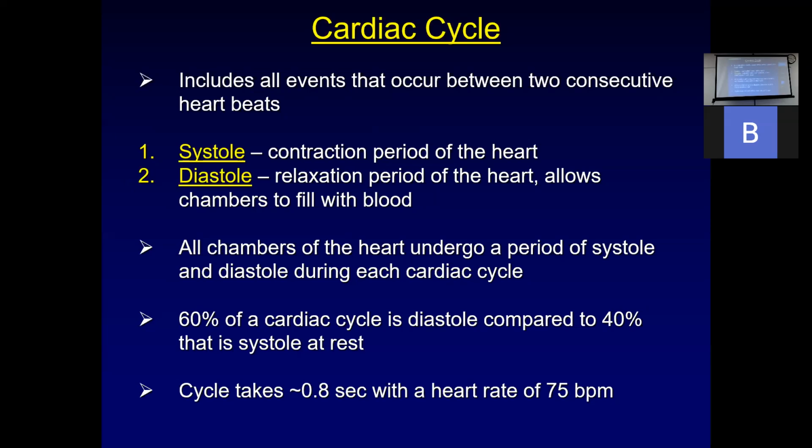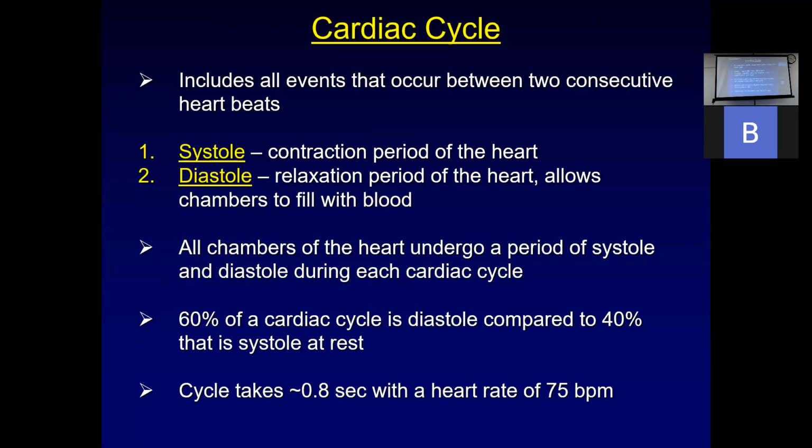As heart rate increases, if we asked Holly to stand up and do jumping jacks for us, which we won't, her heart rate would go up. Now it wouldn't be 75 beats per minute, it might be 125 beats per minute.